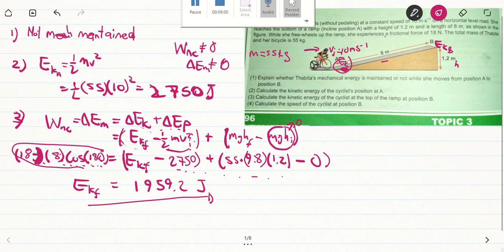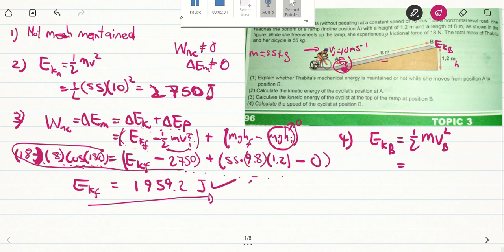Now let's look at number 4. They're saying that we should calculate the speed of the cyclist at B. For B, EK at B is equal to 1 over 2 mv squared at B. So what they want is EK at B. EK at B has been calculated.